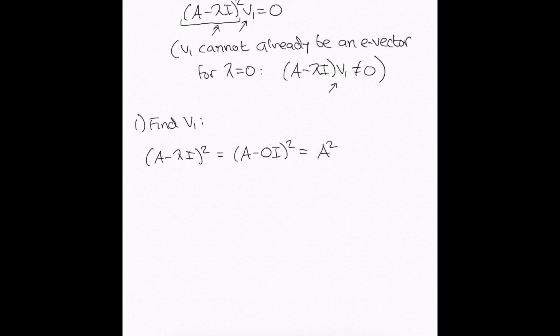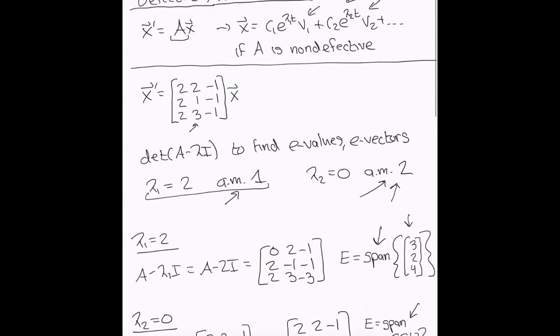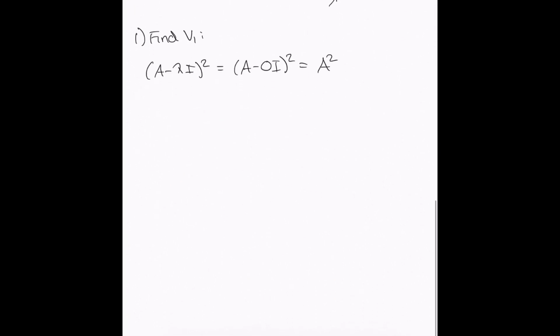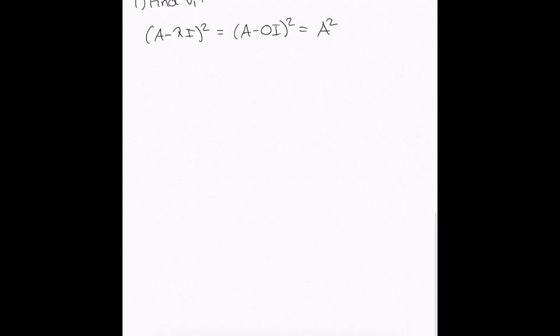But again, our matrix isn't super pretty, if you remember. So we have our work cut out for us, or at least Symbolab does. And so we end up with, when we square A, we get 6, 3, negative 3, 4, 2, negative 2, and 8, 4, negative 4.